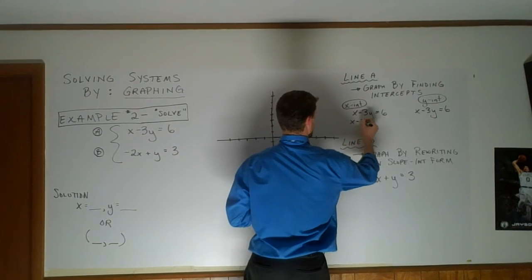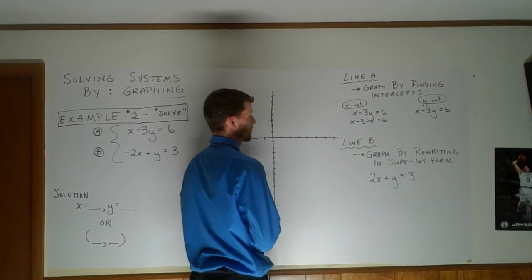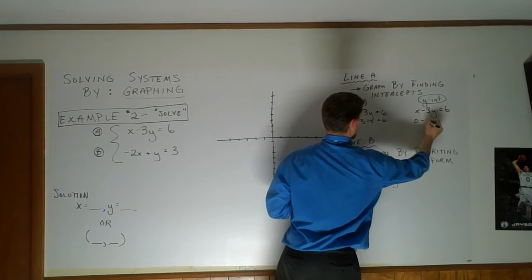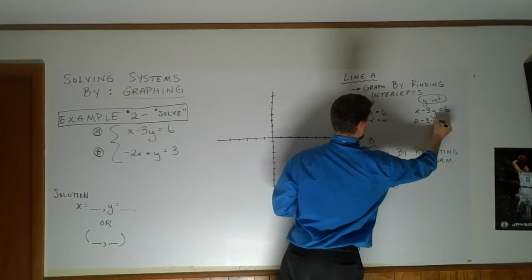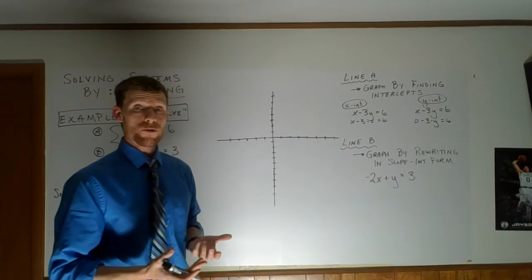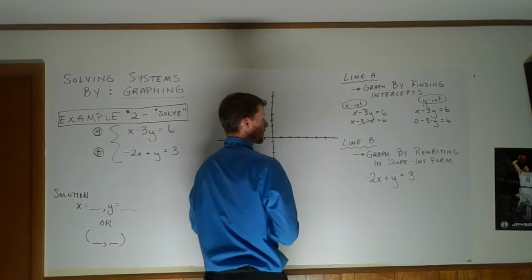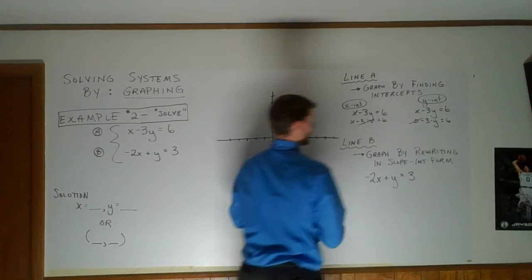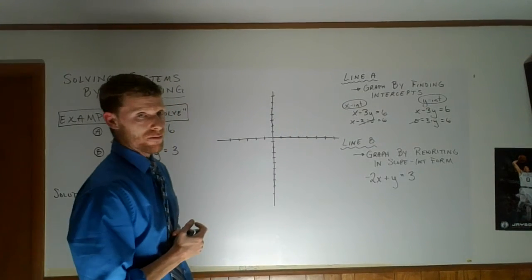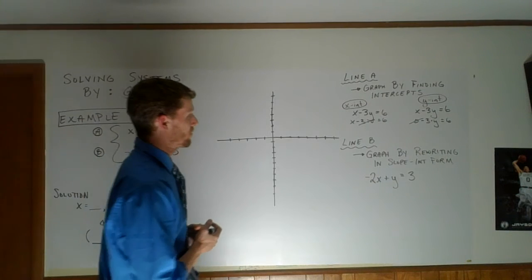So we'll have x minus 3 times 0 equals 6, or 0 minus 3 times y equals 6. Wherever we plug in the 0, that part of the equation cancels out. A lot of teachers will call this the cover-up method, because wherever you're plugging the 0, it actually just covers up that part of the equation.